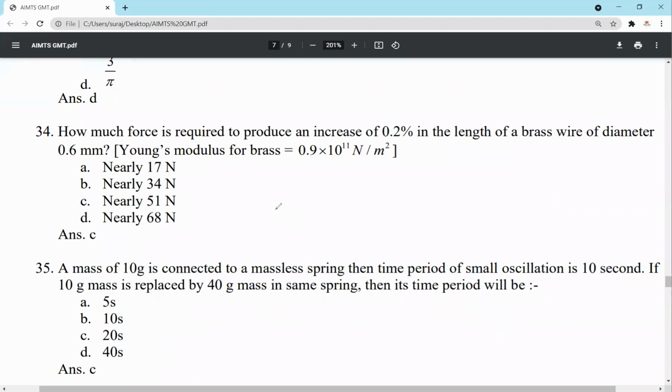How much force is required to produce an increase of 0.2% in the length of a brass wire of diameter 0.6 millimeter? Here I can write L2 minus L1 by L1.